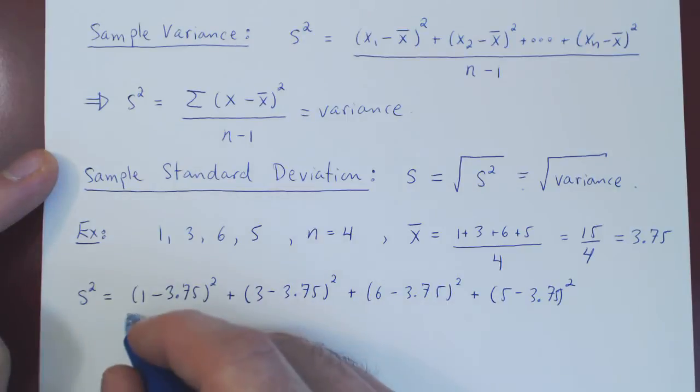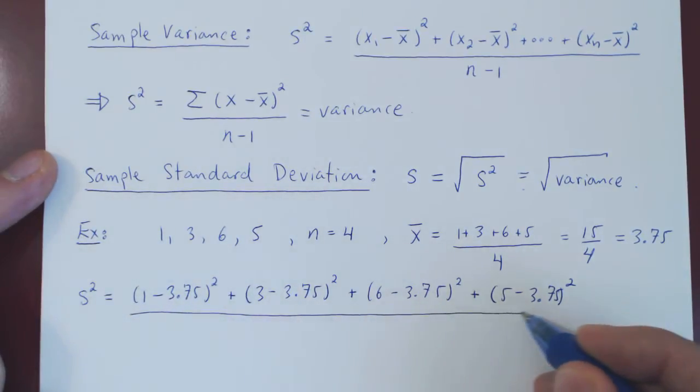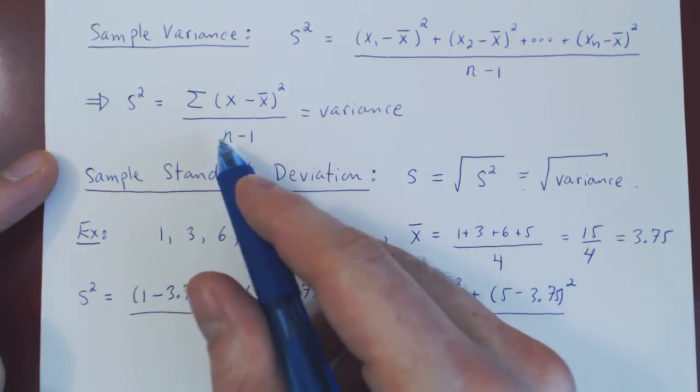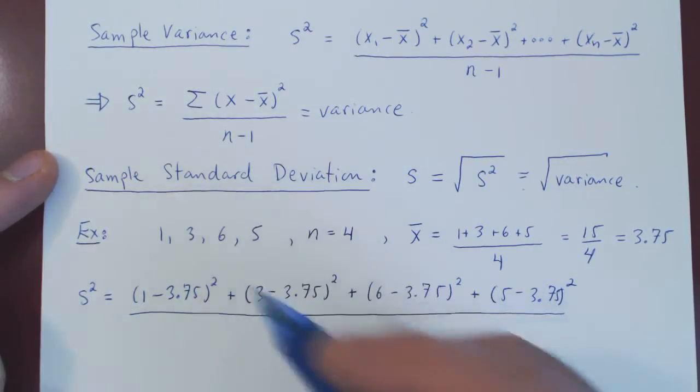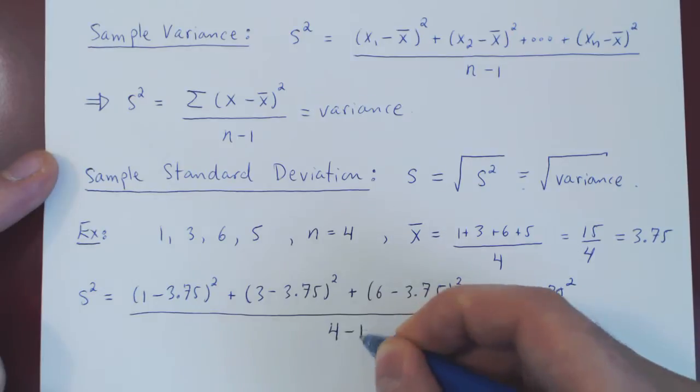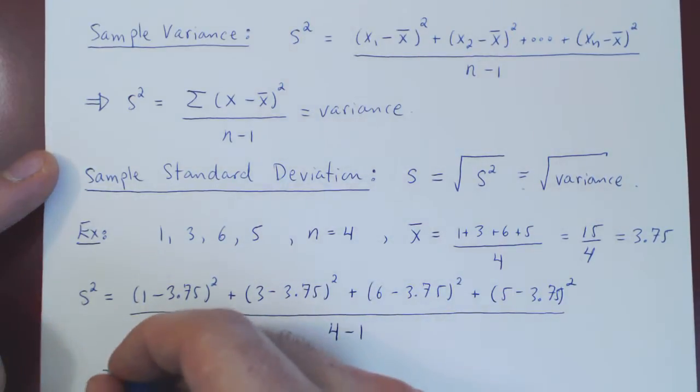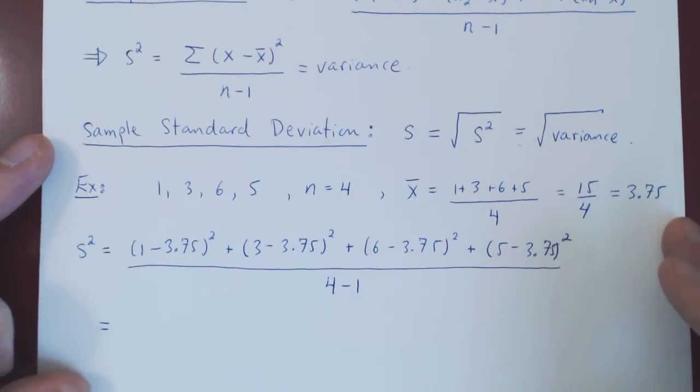And of course we have to divide all of this, and here you have to be careful, by n minus 1. We have 4 values, and so we divide by 4 minus 1, which is 3.